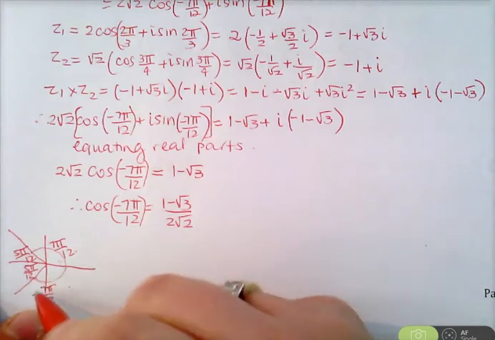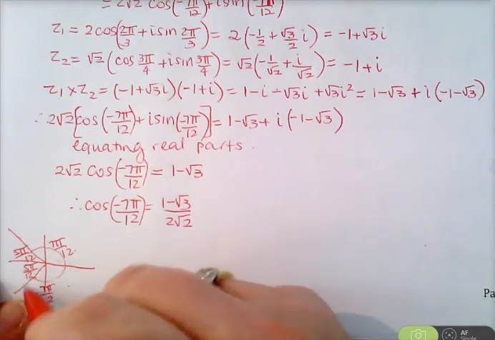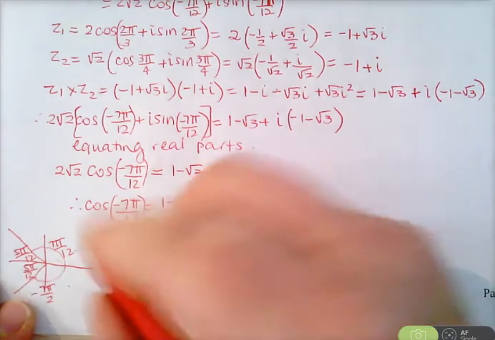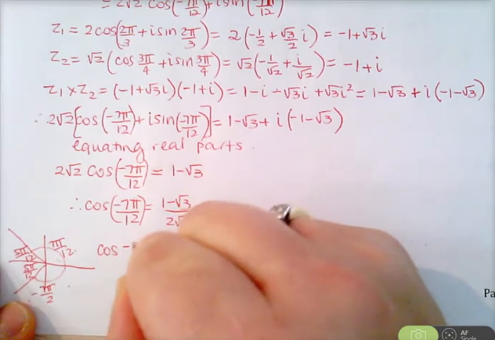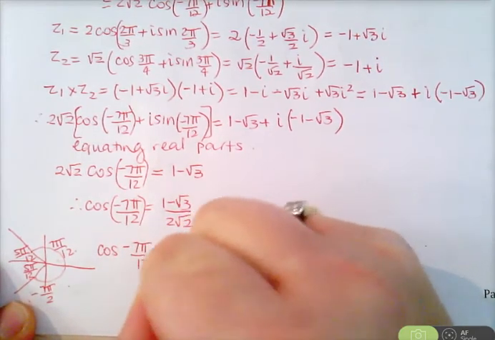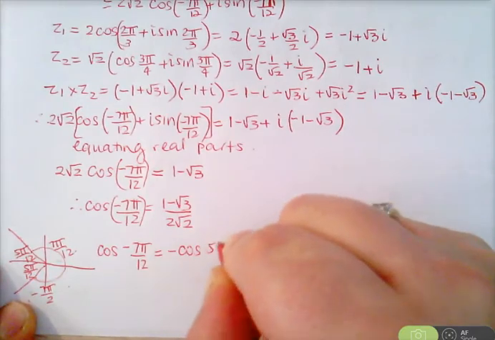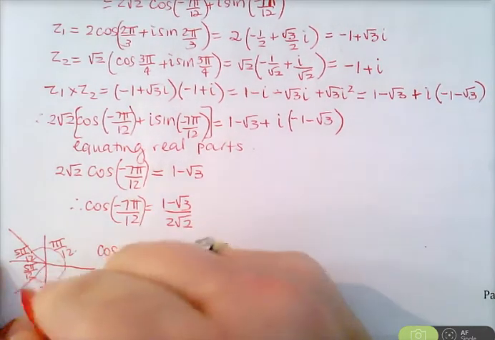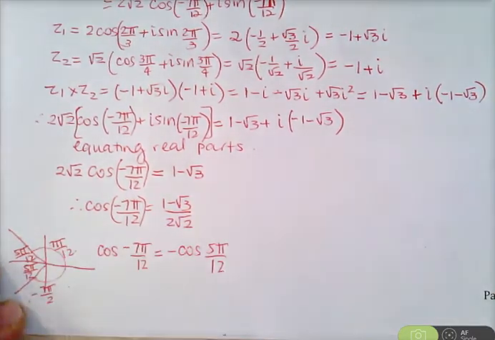Cos of -7π/12 is the same as minus cos 5π/12 if I just look here. So cos of -7π/12 is just the same as -cos 5π/12.